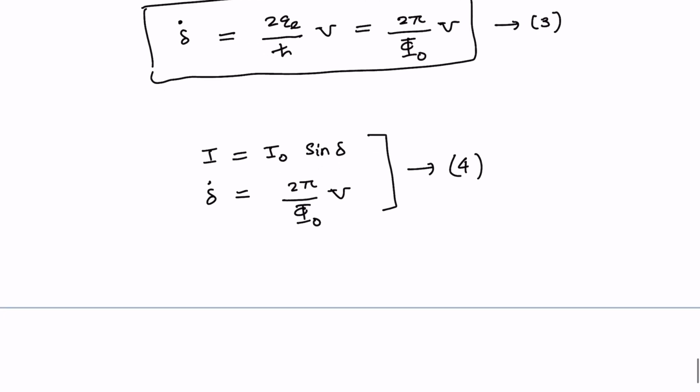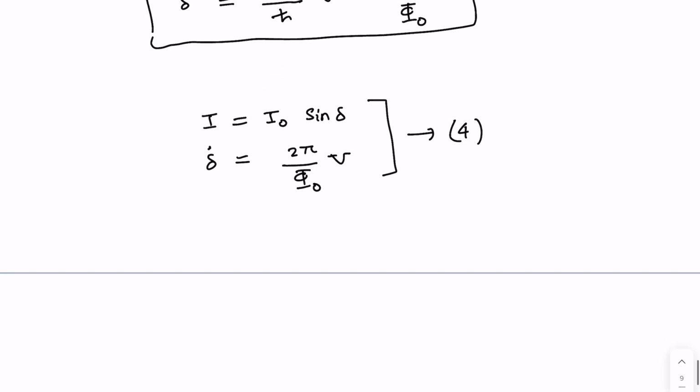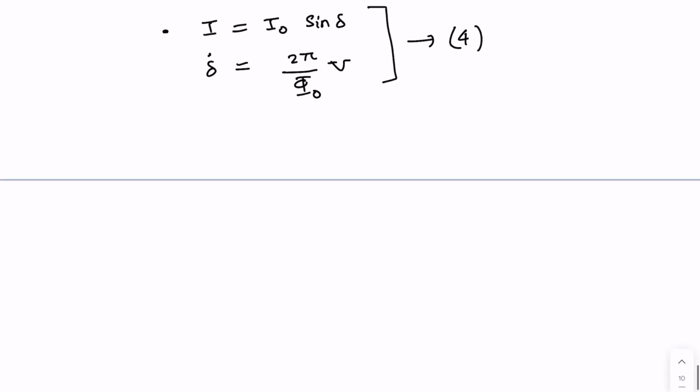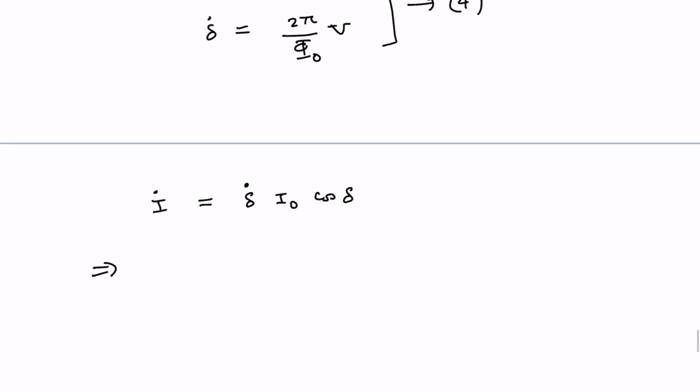Using this set of equations, taking the time derivative of I is equal to I naught sine delta, I get I dot, the time derivative of the current, is equal to delta dot I0 cos delta, and this I can write as I dot is equal to, instead of delta dot, putting 2 pi by phi 0 flux quantum into voltage, I0 cos delta.